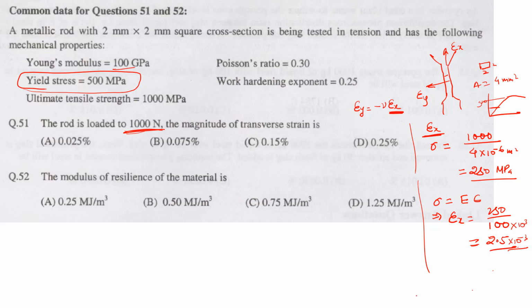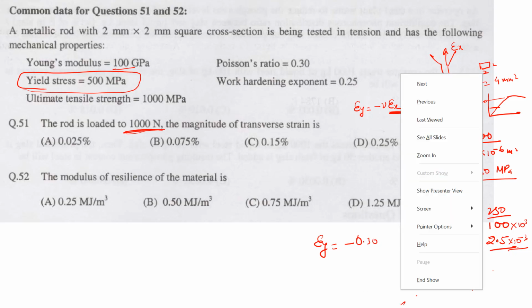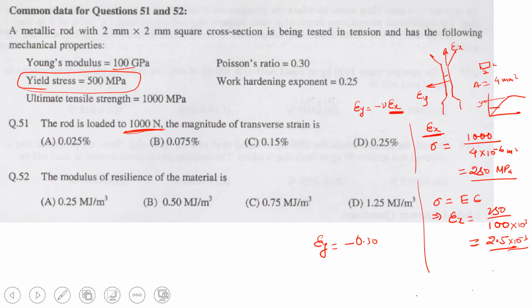Now once we get the strain in the x direction, we can find it in the y direction, that is epsilon y is equal to minus mu, which is 0.3, into 2.5 into 10 power minus 3. Doing the calculation, 0.3 into 2.5, it is minus 0.75 into 10 power minus 3.